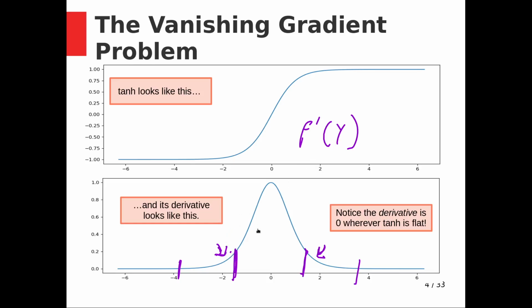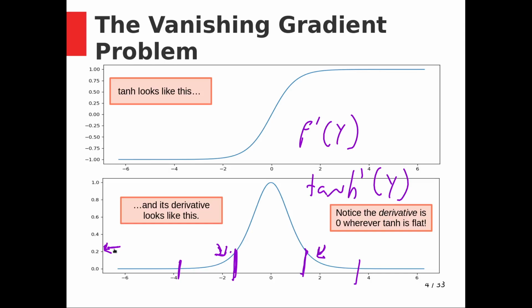So if your error starts out fairly large but keeps getting multiplied by these f prime, or tanh prime, of something large, it's going to keep getting reduced by this tiny little number, right? So your error signal is only going to be able to go back through a couple of layers before it's basically gone, right?